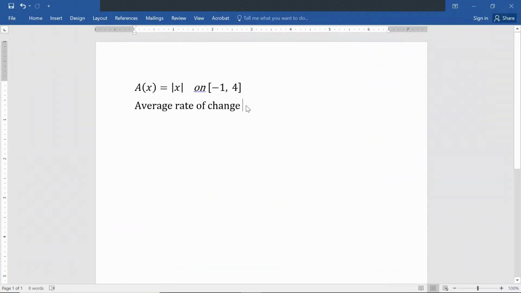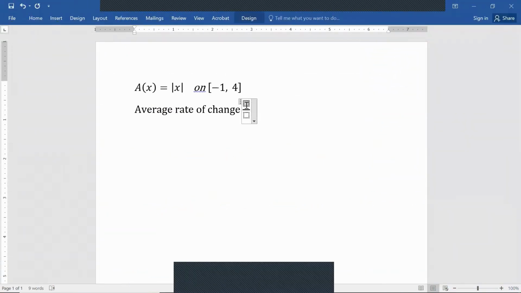The average rate of change is going to be a difference in y values divided by a difference in x values. In this case, I plug in a of 4 minus a of -1 in the numerator. In the denominator, I write 4 minus -1.